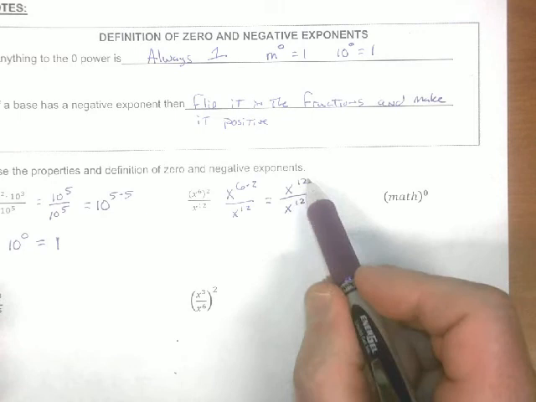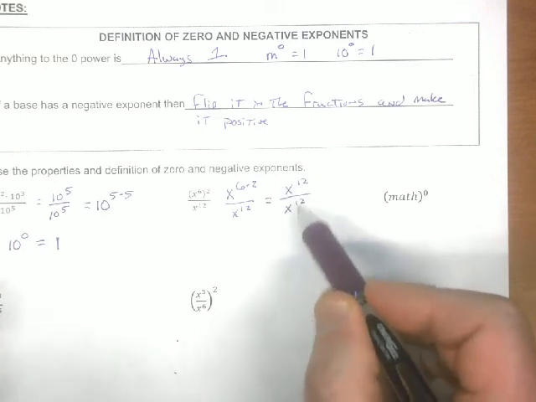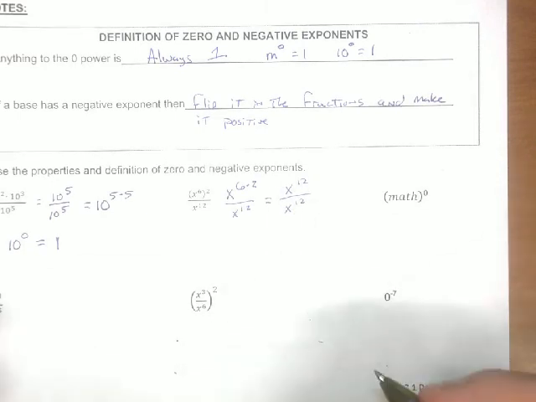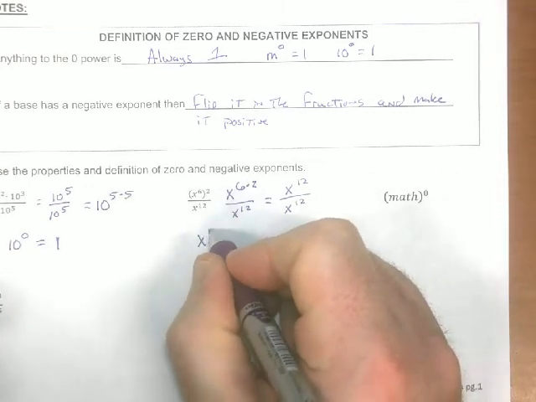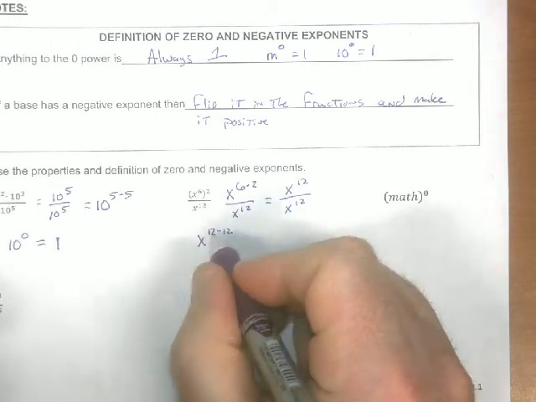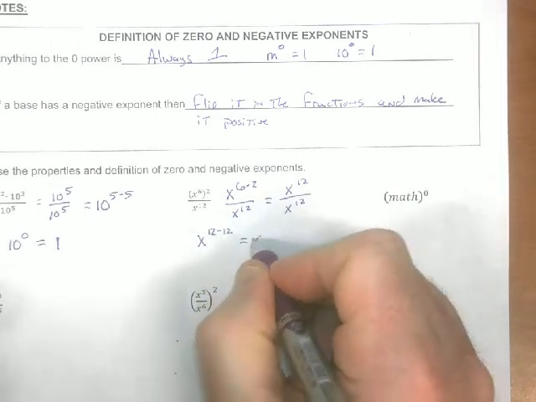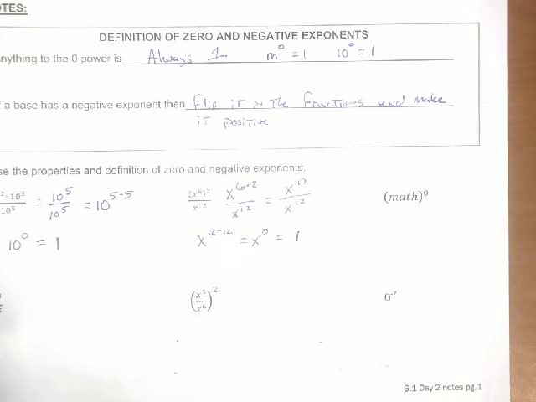Or what is 10 over 10? That's 1. If you have exactly the same thing on top as you do on the bottom, that's going to be a 1, no matter what. But again, showing our rules, that's division, so it's subtracting the two powers, and 12 minus 12 gives us x to the 0, and x to the 0 is an answer of 1.